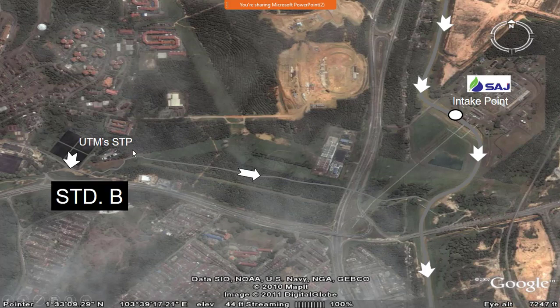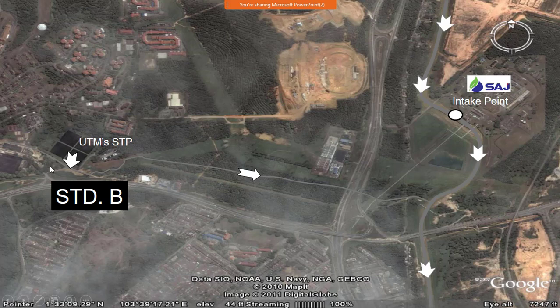Now this wastewater treatment plant can follow standard B. Why? Because it comes after the intake point. Imagine that the discharge is somewhere up here. In that case we say that it has to follow standard A, because it comes in the upstream.